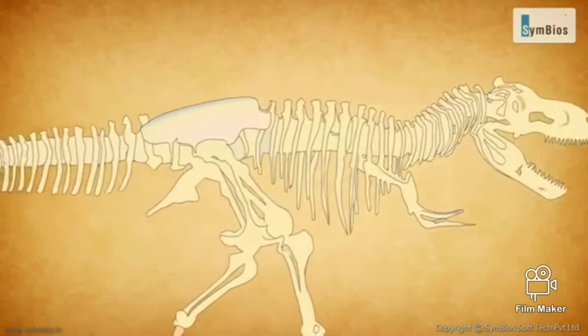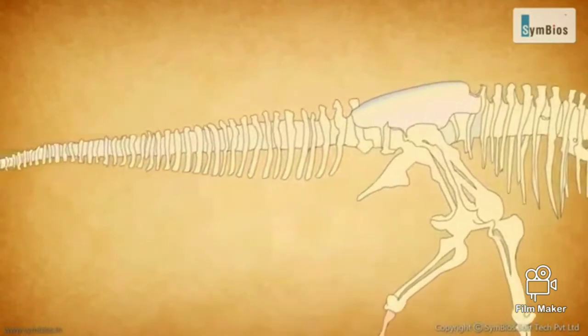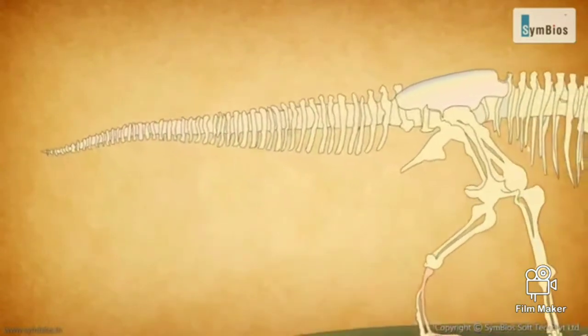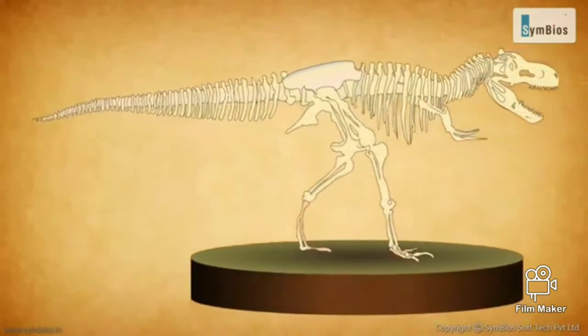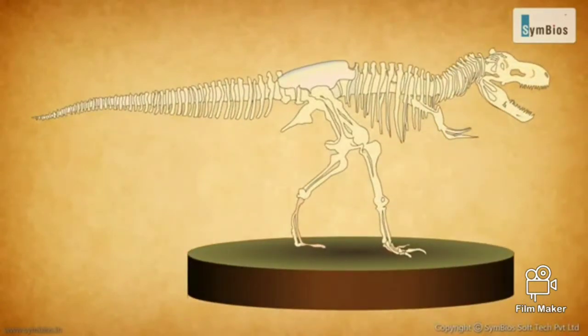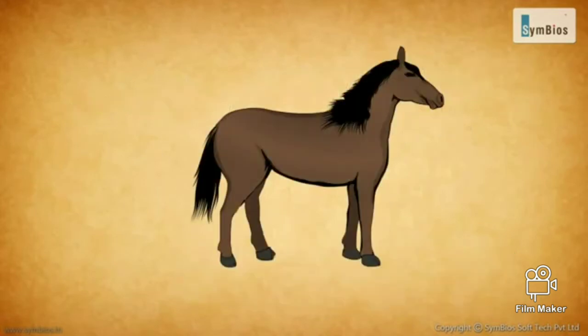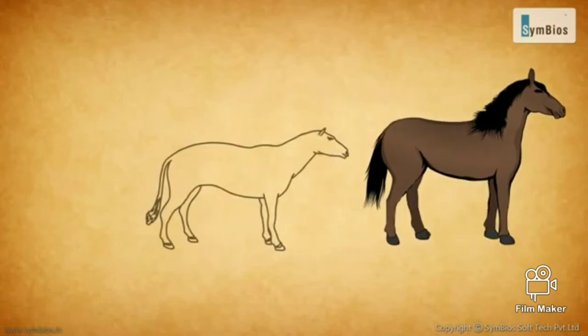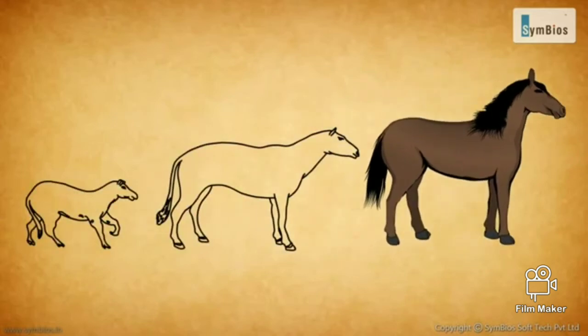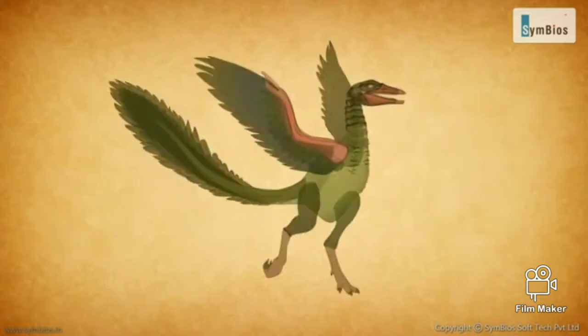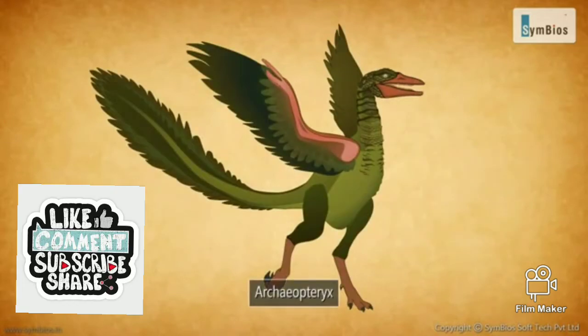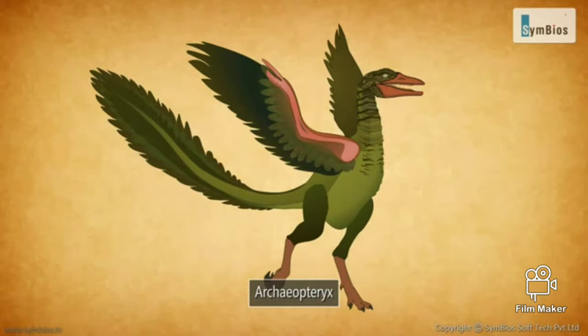Fossils provide evidence to the fact that a variety of animals and plants had lived in various geological ages of Earth. Also, the present animals or plants have originated from the previously existing ones through the continuous evolution process. One of the best examples of fossil is Archaeopteryx.